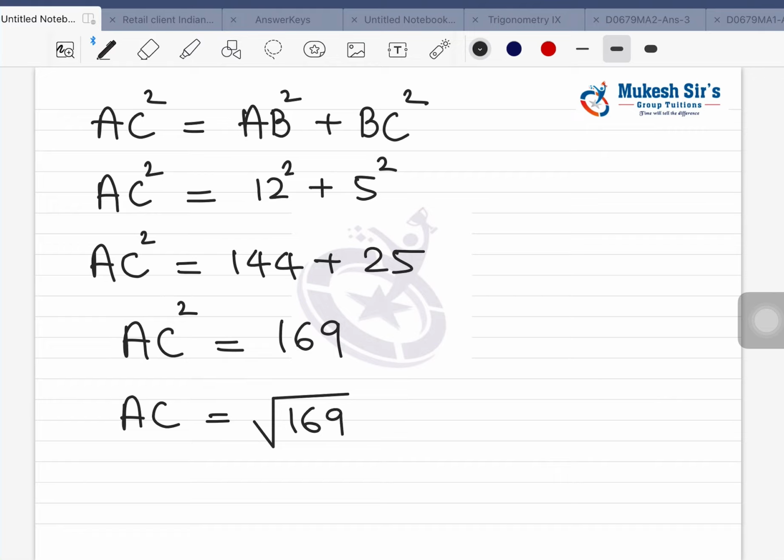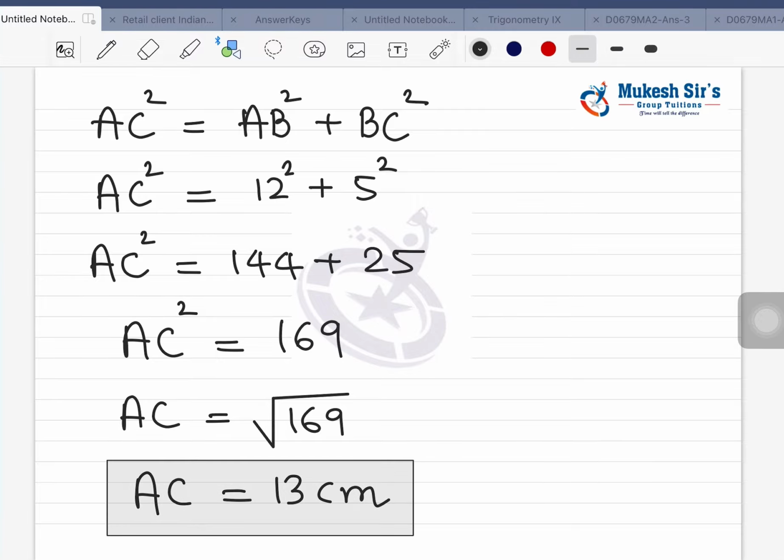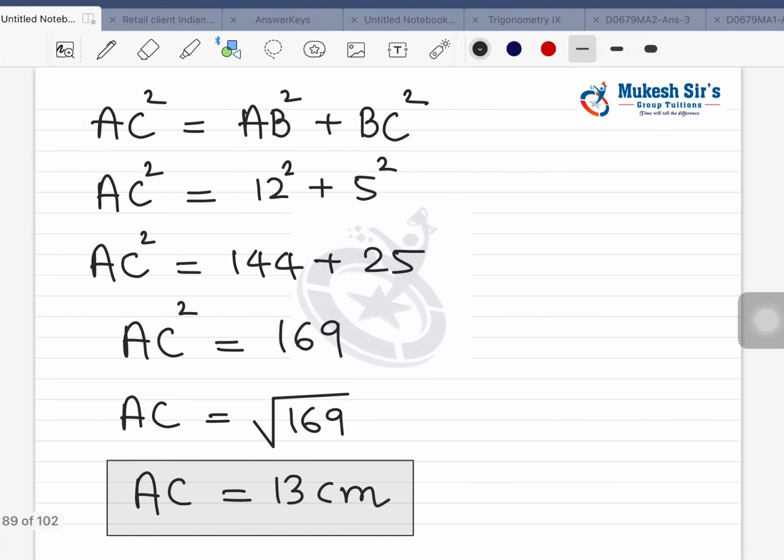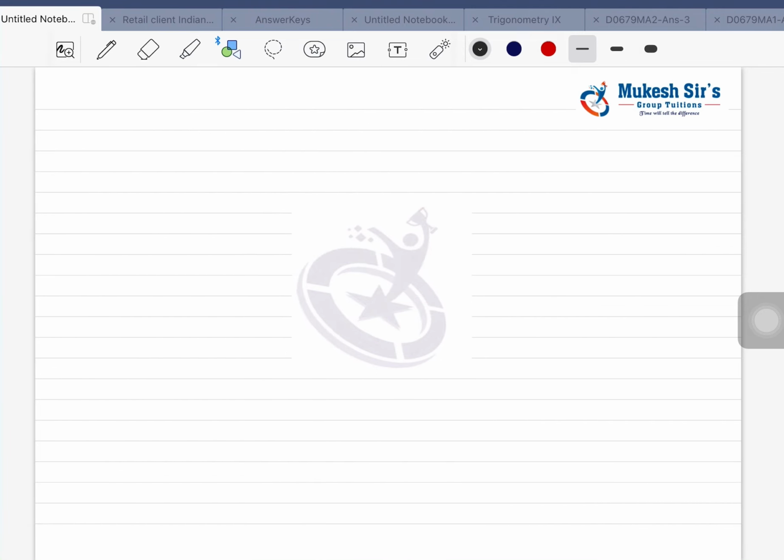So AC is equal to 13 centimeters. So you got the value of AC first. Now you have all three values, right? Now you want the sine, cos and tan of A, and sine, cos and tan of C. So this is your triangle in which you know all three sides.